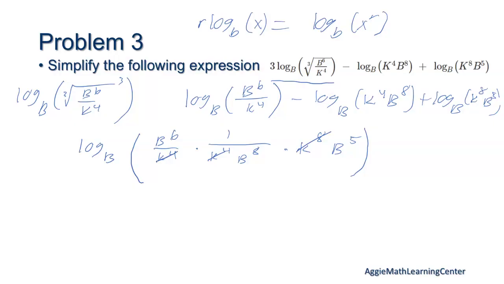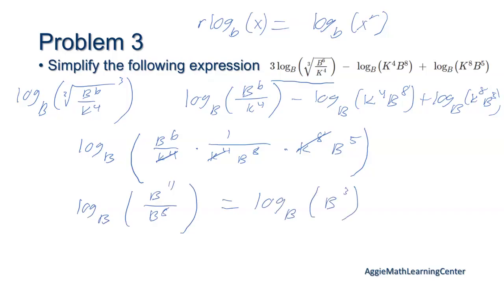And then if we look at the b values, we have 6 times 5 in the numerator, so that's a total of 11, and 8 in the denominator. And so you'd have b to the 11th over b to the 8th, which when you simplify is log base b of b cubed. And since the base of the log and the base of the exponent are the same, they'll cancel out, and you're left with 3. Questions about that?